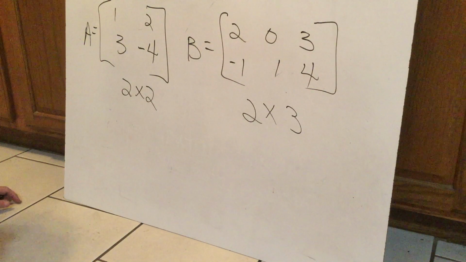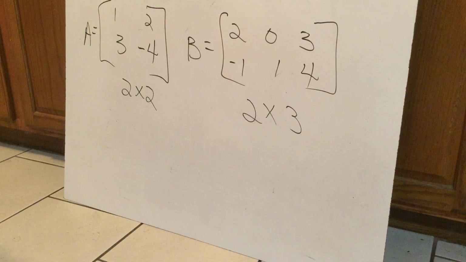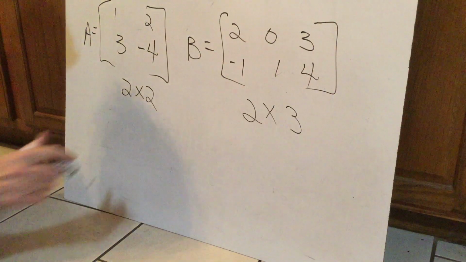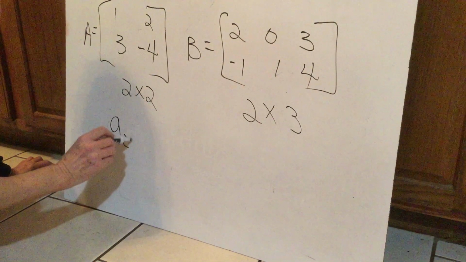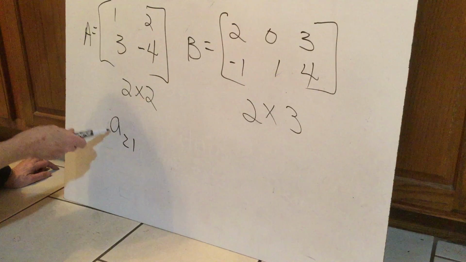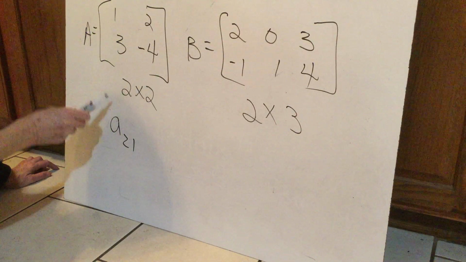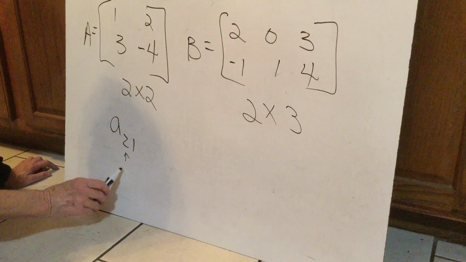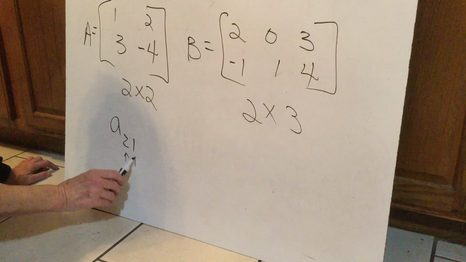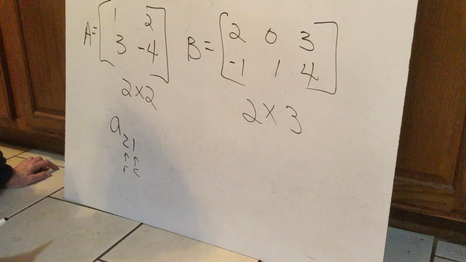Okay. Now, problem B. Notice the little letters. The little letters in problem B would indicate that we are looking for entries. So the first one says a sub 2, 1. Now, little a's come out of big A, and the 2, 1 means second row, first column.